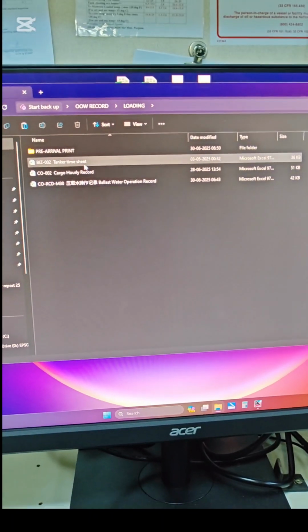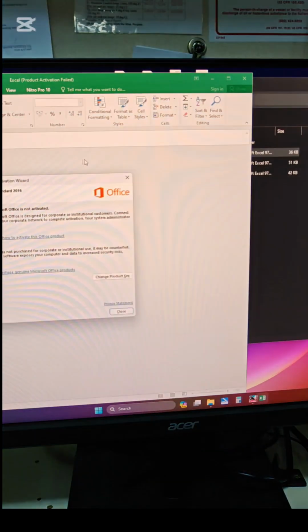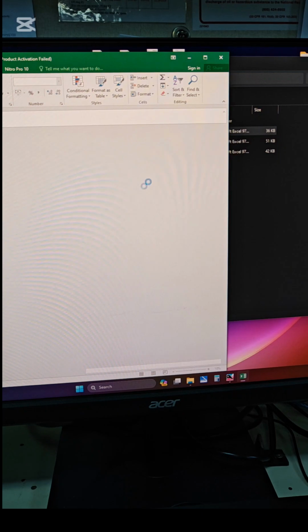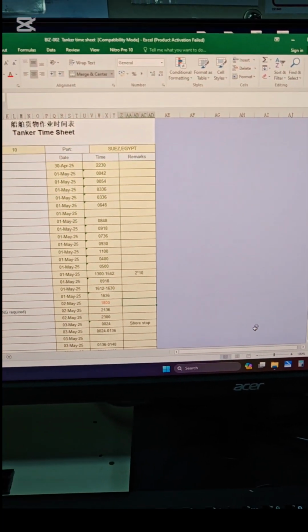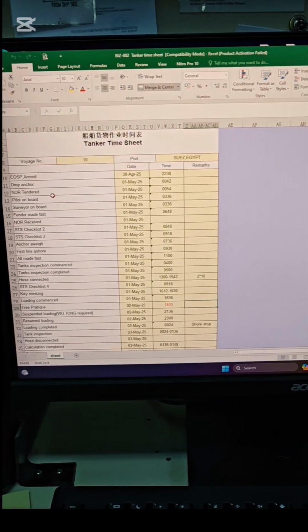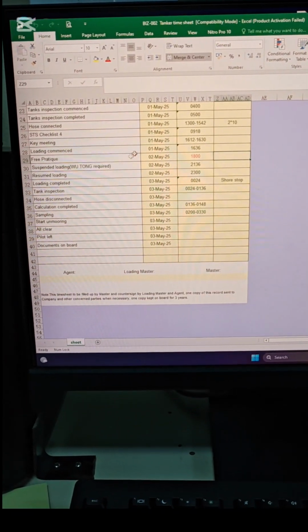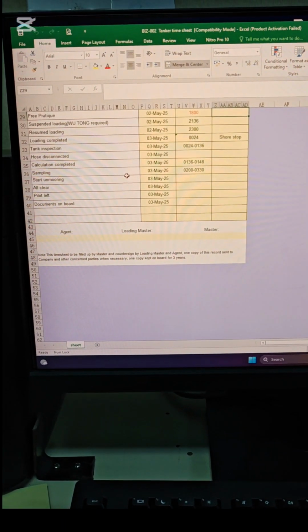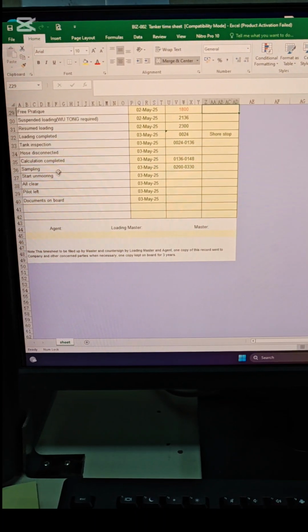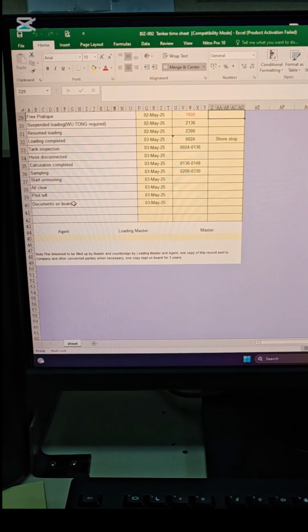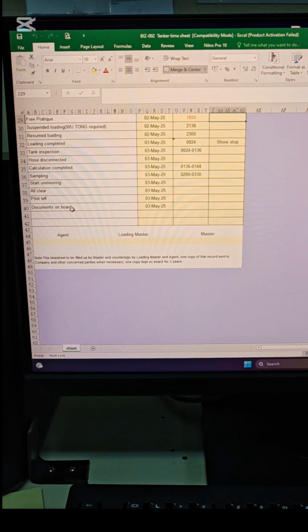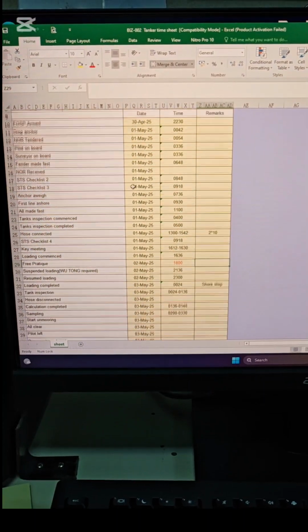The important thing is the timing sheet, which we can call the SOF, statement of fact. From end of sea passage, to inward tender, to first line ashore, to cargo loading commenced, and everything until cargo completed and documents on board, all this timing you have to write here.